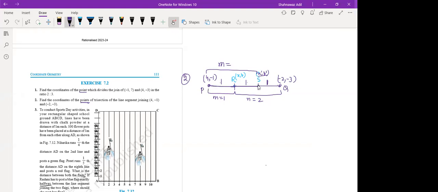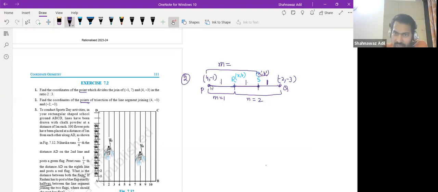One. So I am at this point. We have crossed two parts, right? So this is two, and then this part is one. Is this clear to you?